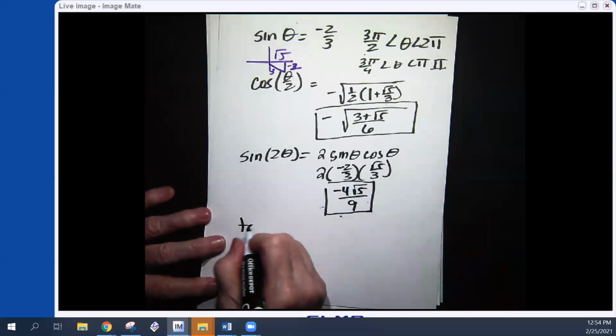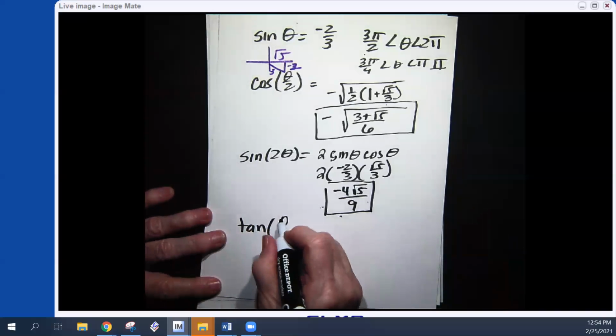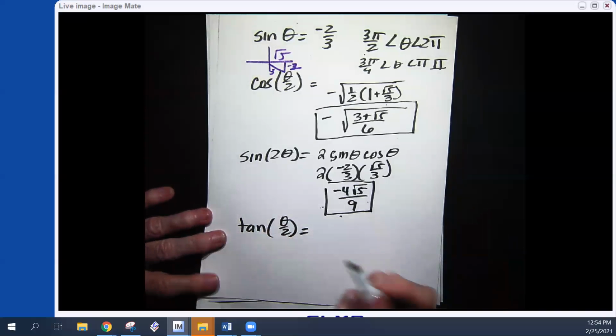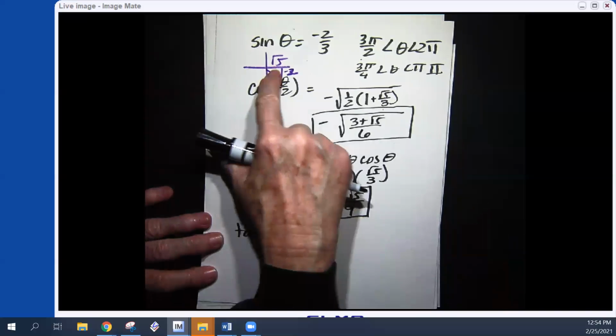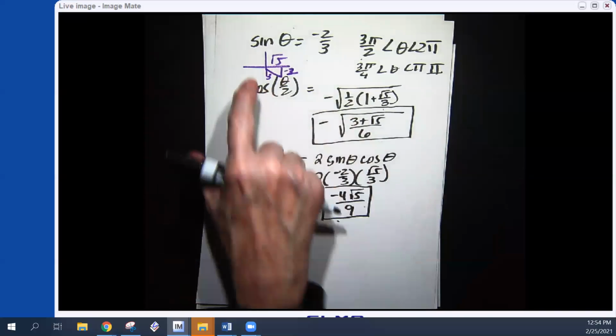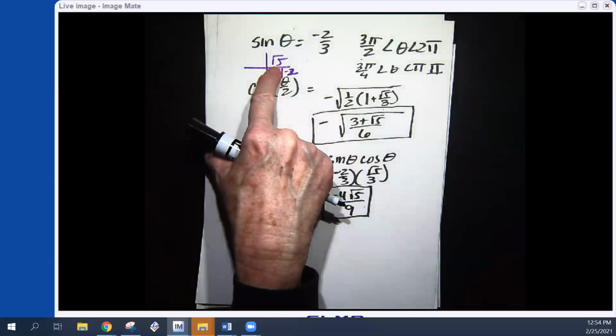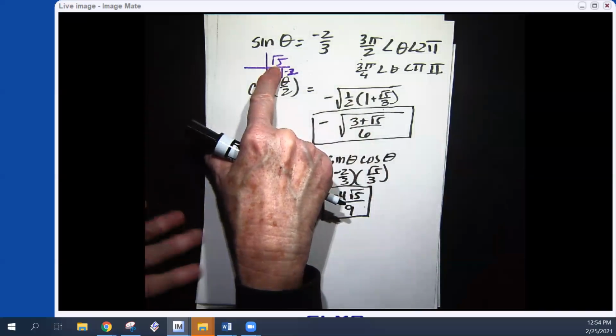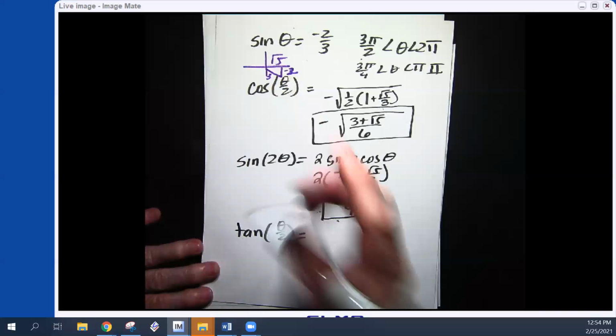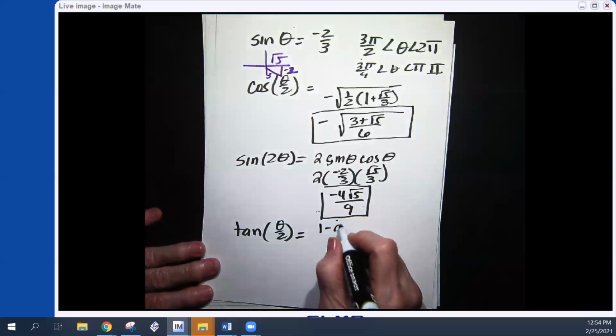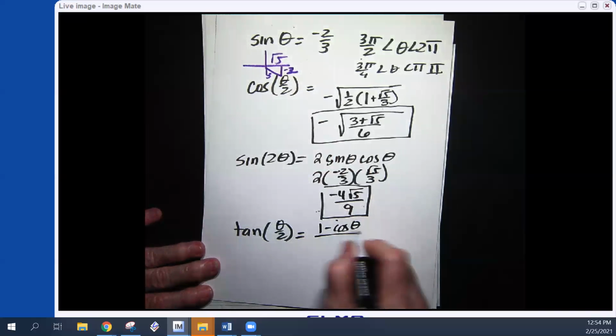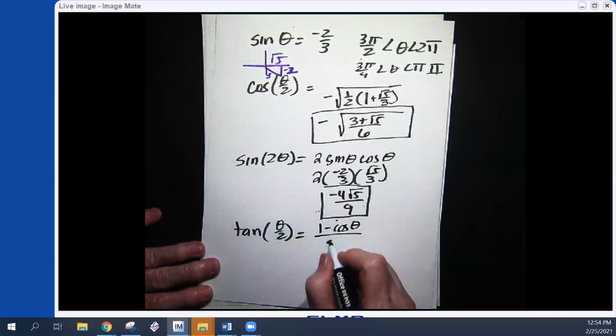If I want the tangent of the half angle, then I would look at this and go, look, I've got to use sine and cosine. Cosine is going to have a root 5. So I'm going to do the formula that has root 5 on the top. So 1 minus the cosine of the angle divided by the sine of the angle.